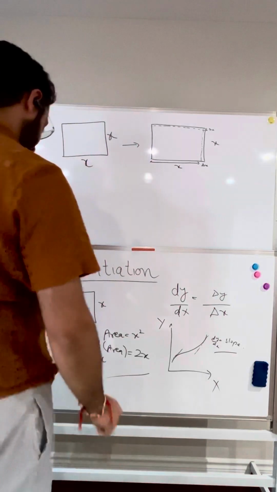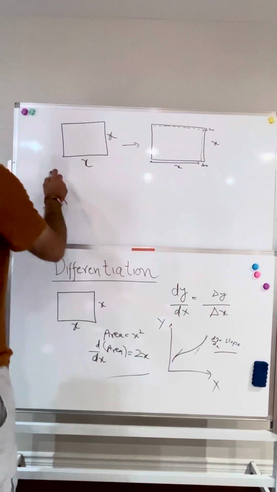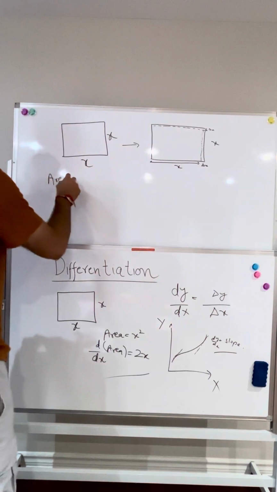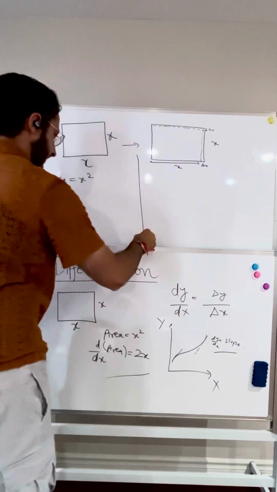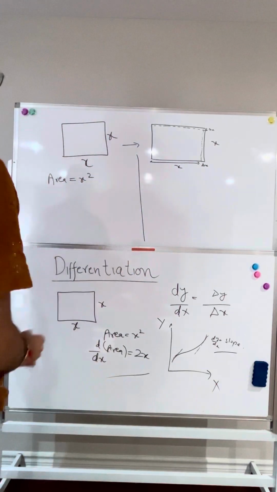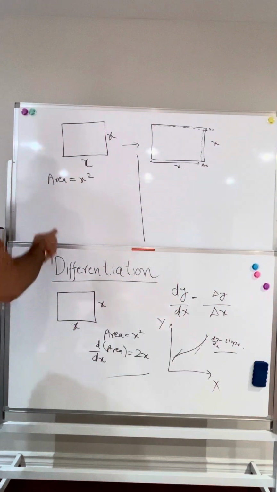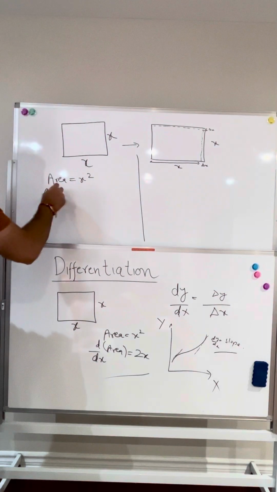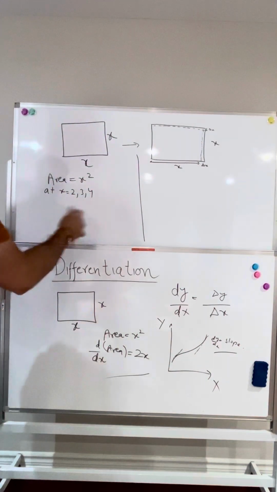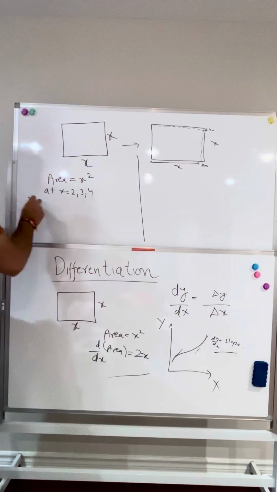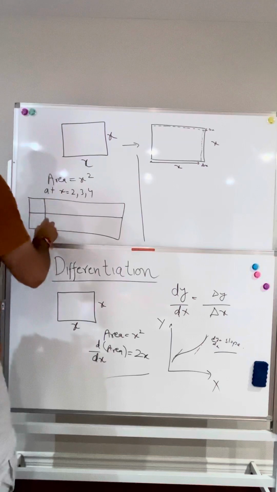So now, because we can make a graph out of it when we have area equal to x square, I'm just going to make it into two separate side by side comparisons. It's going to be easier. So when area is x square, let's say for x equals 2, 3 and 4. Let's say these three examples. So I can just make a small graph kind of a thing.